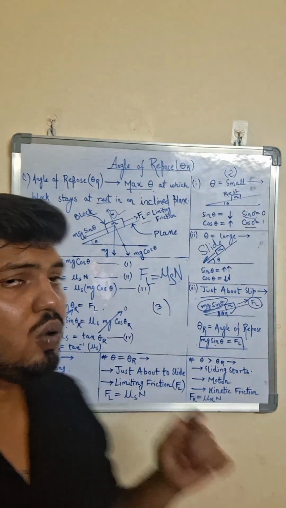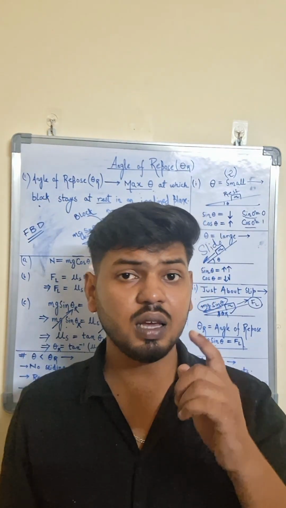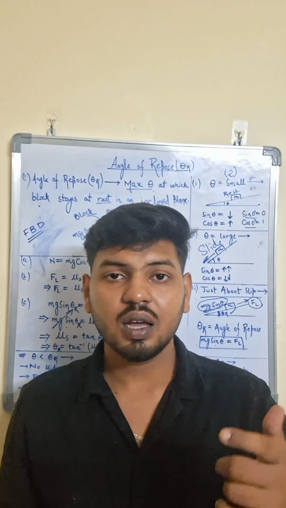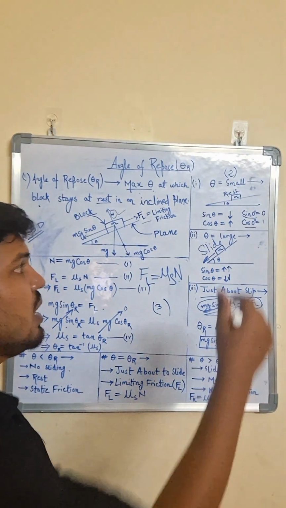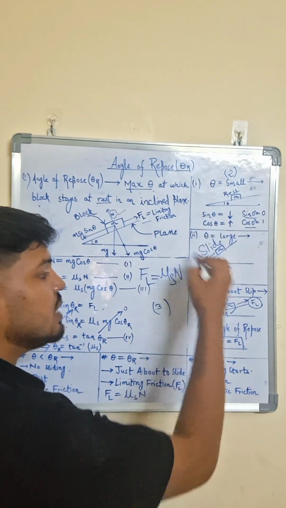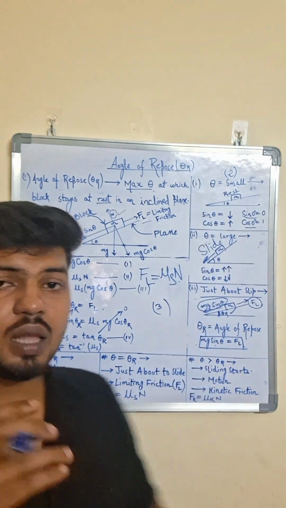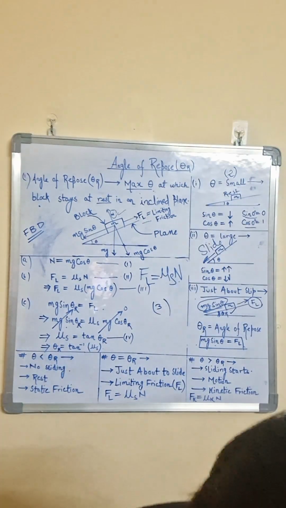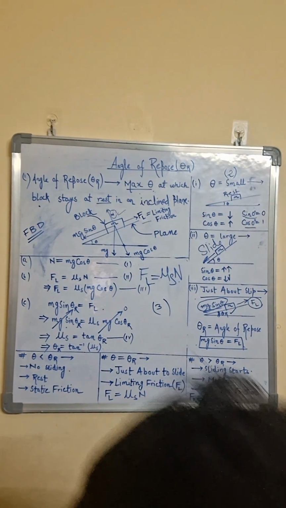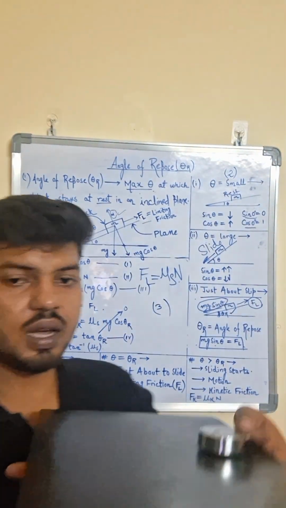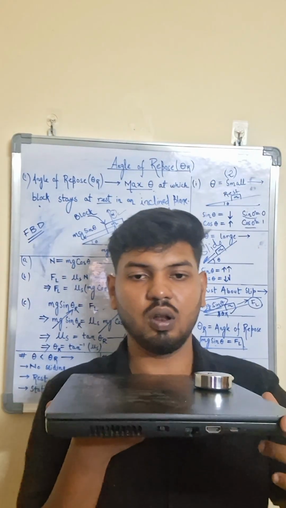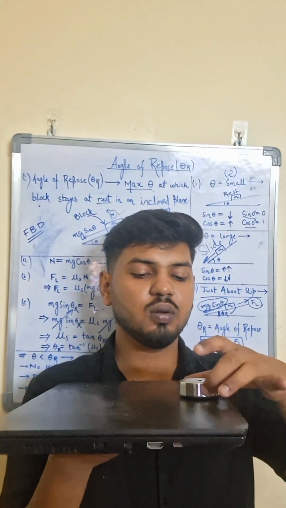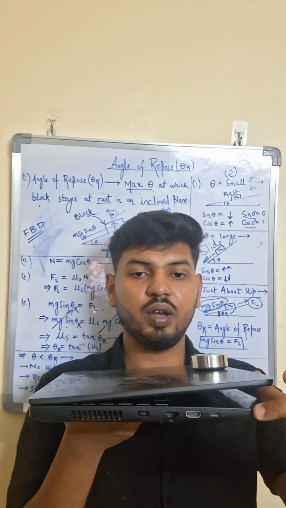Here N is the normal reaction. So now we will take three cases: theta small, theta large, and theta where the block is just about to slip. First case, we take theta very small.